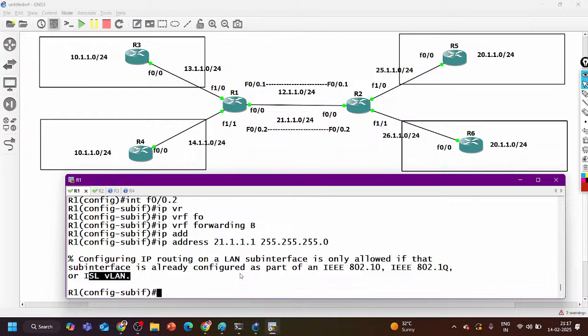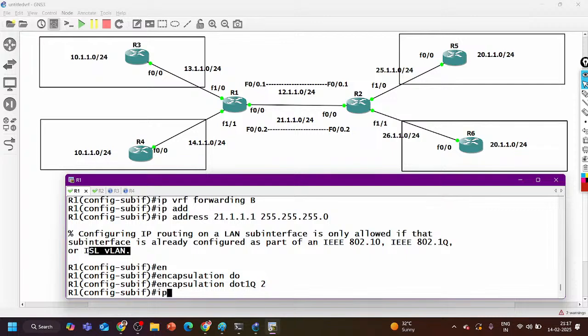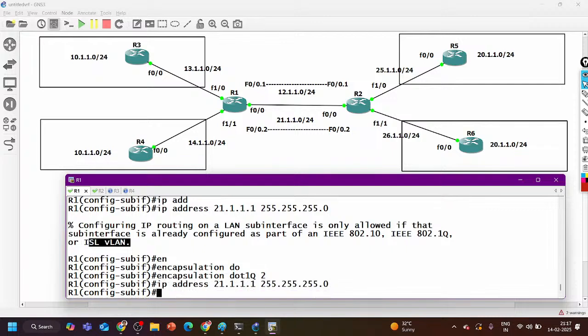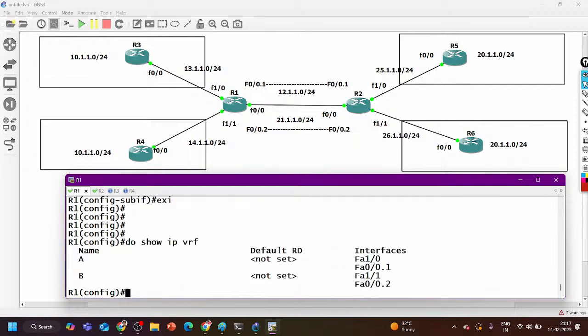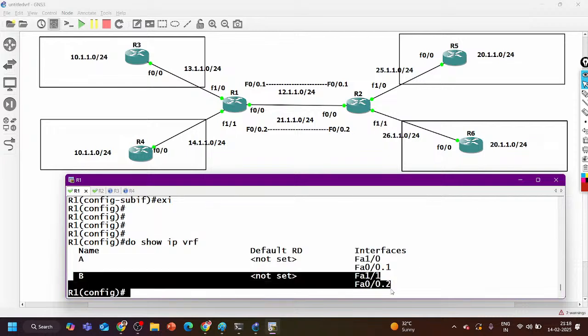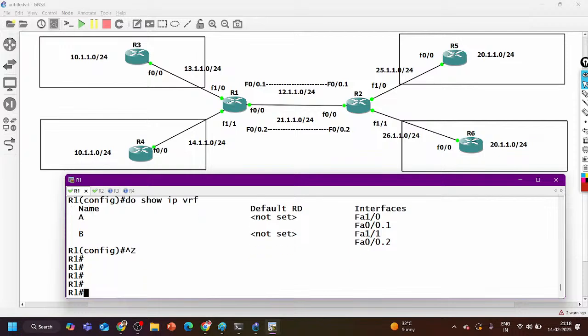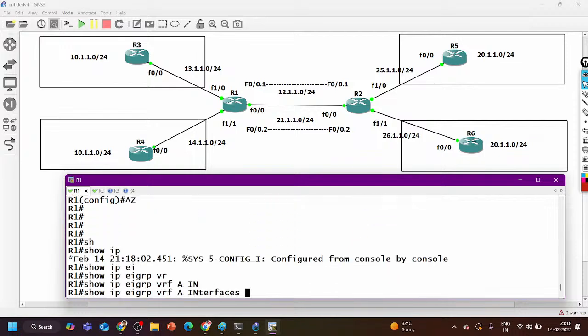So first I am going to say encapsulation dot1Q for VLAN 2 here, and after that the IP address, same IP address. I'm done. Now you can see in VRF A I have two interfaces, in VRF B also I have two interfaces.